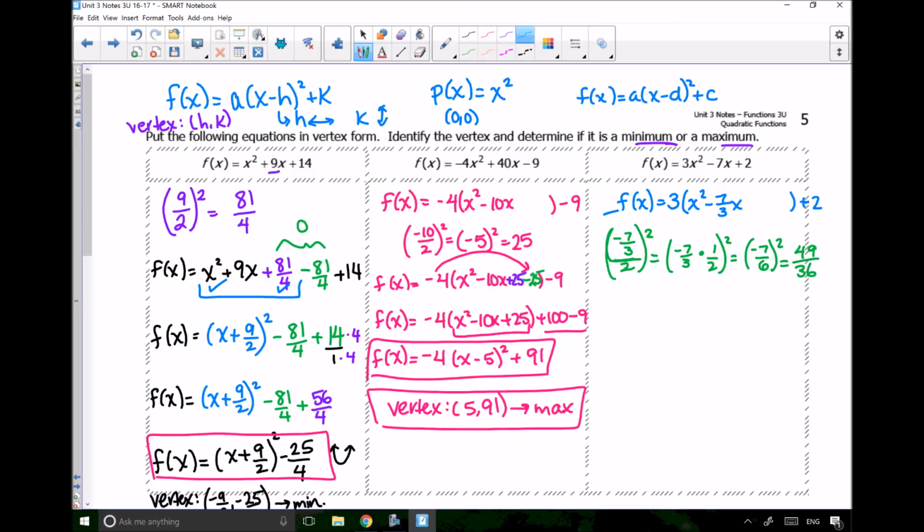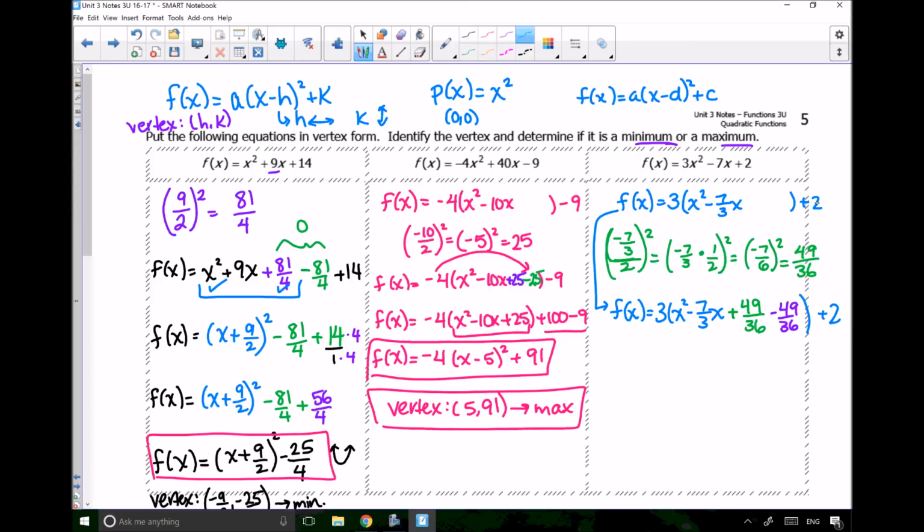So now what I'm going to do is add that 49 over 36, but I also need to subtract it to balance it out. So minus 49 over 36. And then I also have this +2 on the outside.